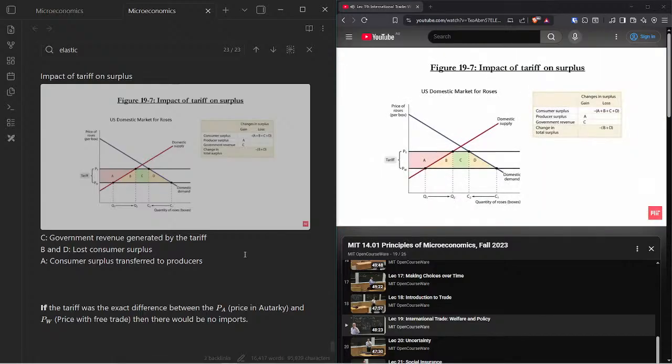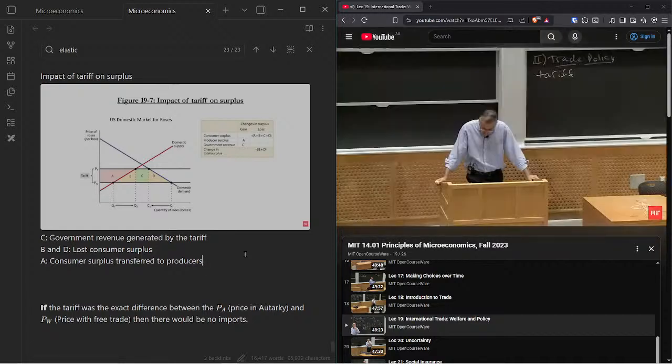Okay, so can people see that whole trapezoid? I've added 4 letters, but it's really just one trapezoid. That whole trapezoid's gone, because that's the area under the demand curve above the price that's now no longer there. So consumers have transferred A to producers, but they've lost A plus B plus C plus D.